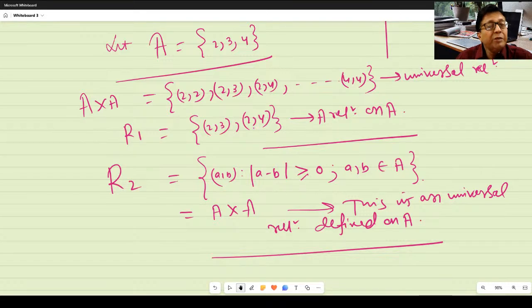Why? Because if you take any two elements from this set, their difference and modulus will be either greater than 0 or equal to 0. No other possibility. So this includes all these elements. This is universal relation.